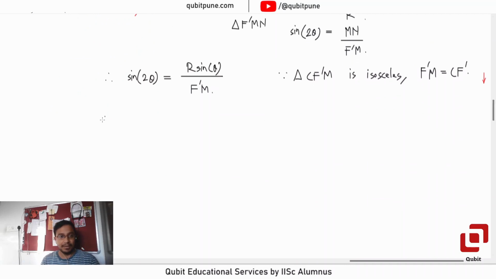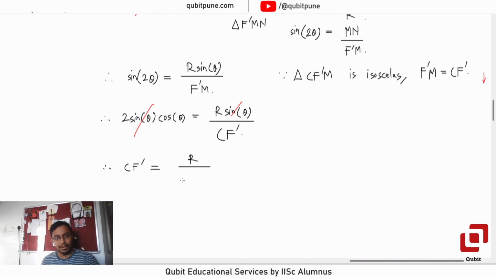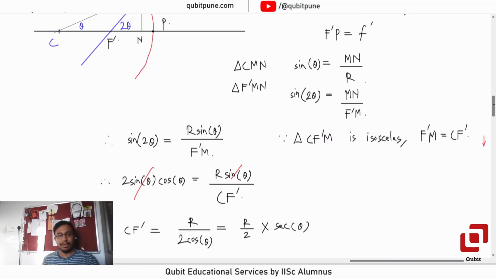Also let us make use of the fact that sine 2 theta is 2 sine theta cos theta. So 2 sine theta cos theta is r sine theta upon CF prime. So sine theta goes. What is CF prime? CF prime is equal to r by 2 cos theta, or r by 2 into sec theta. Got it? R by 2 sec theta.